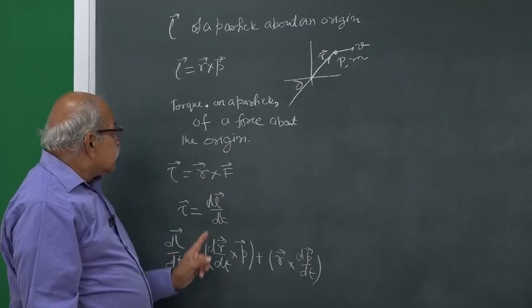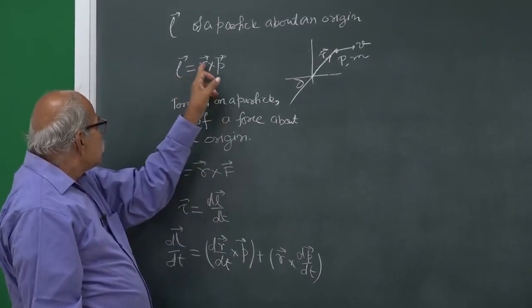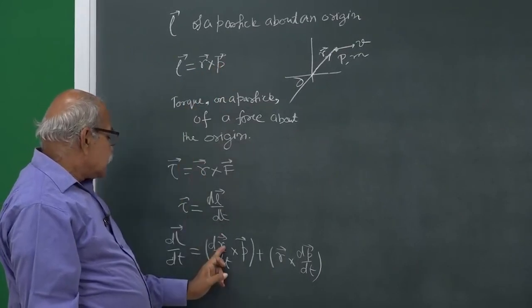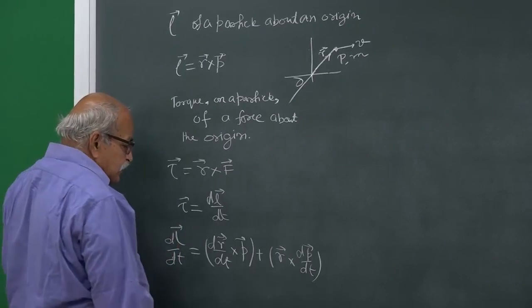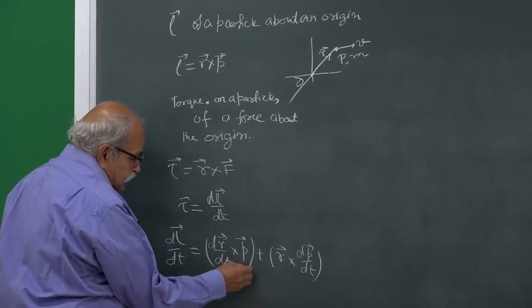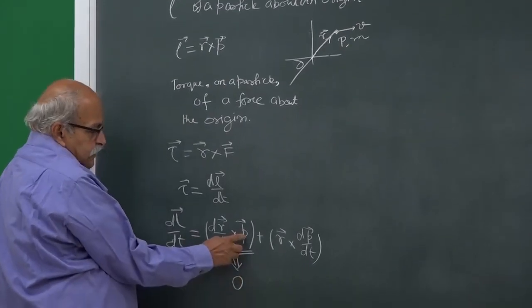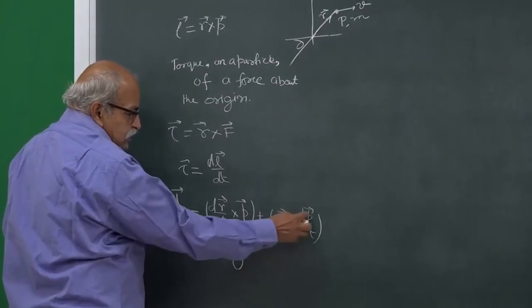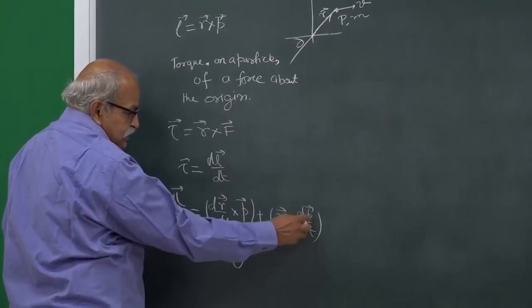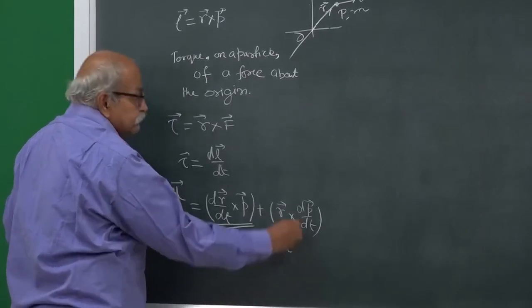Now, it is important that the order is not changed, r first, p next. So, this order should not change, and then one sees that this is 0. Why? This is parallel to velocity, this is velocity itself. So, this is 0, and this is force, the resultant force dp/dt, and therefore, this is equal to tau. Simple.